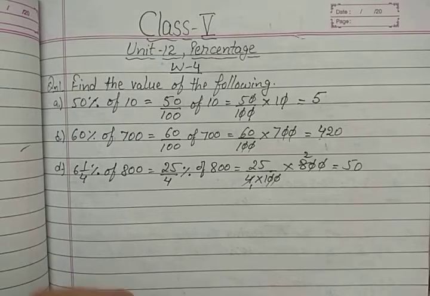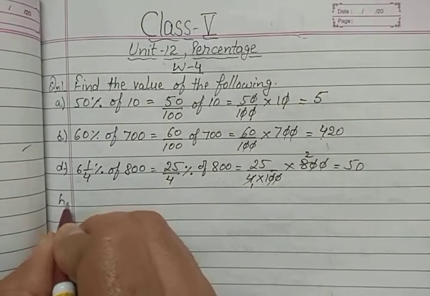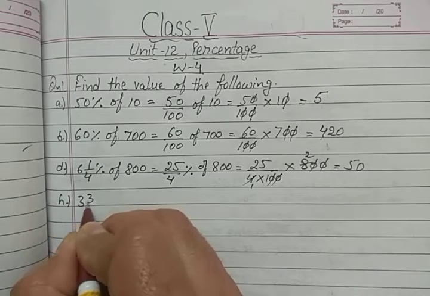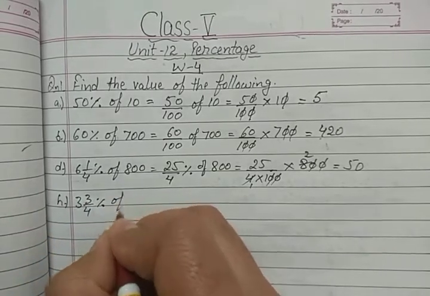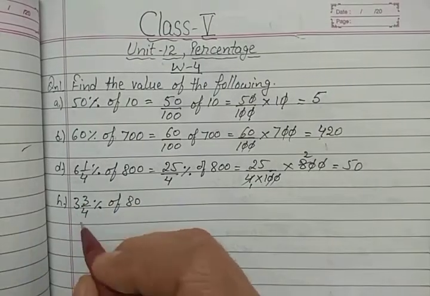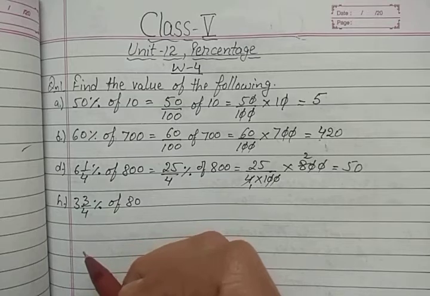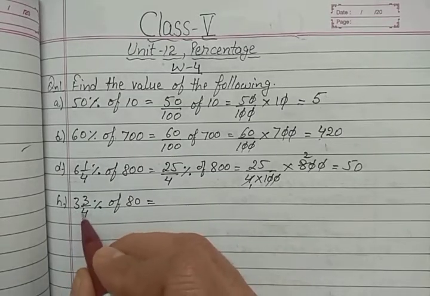Similarly, let us do the last part, that is H part. 3 and 3 by 4% of 80. Rest of the questions जो मैंने छोड़े हैं वो आपने खुद ट्राई करने हैं, प्रैक्टिस करेंगे आप इसकी. Now first of all we will convert this mixed number into improper fraction.